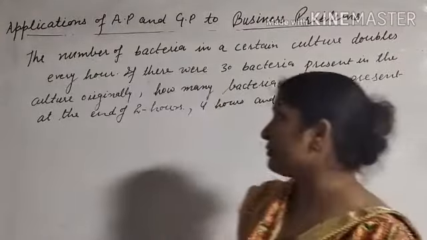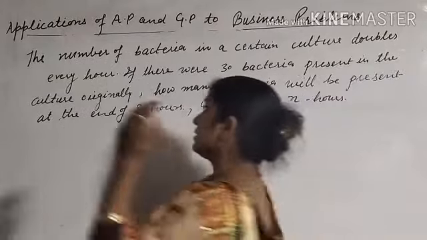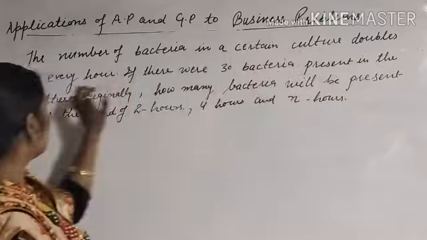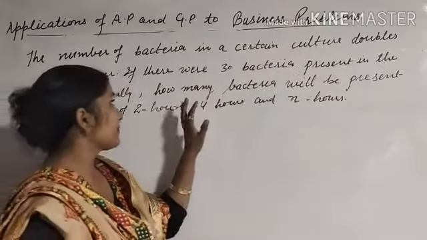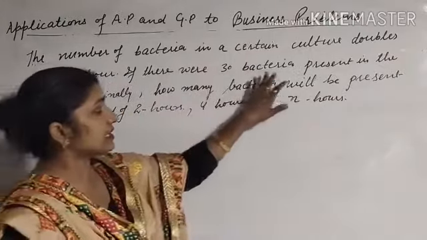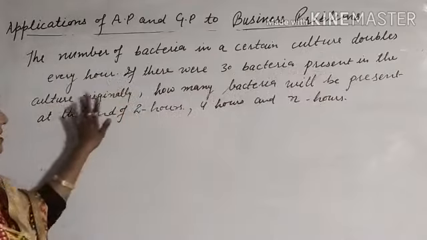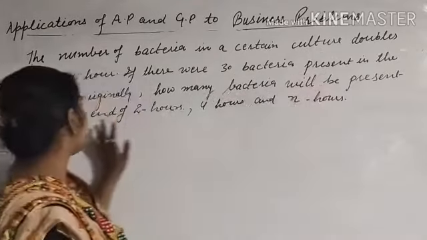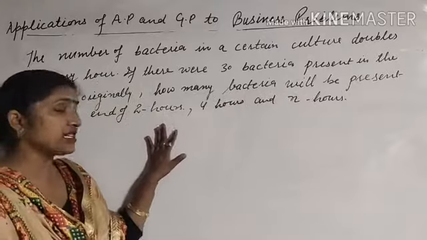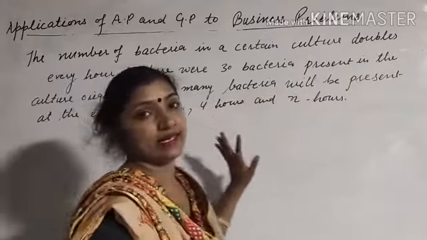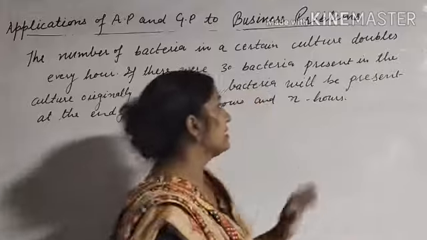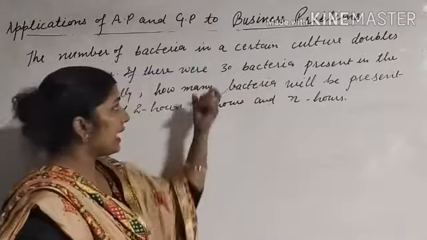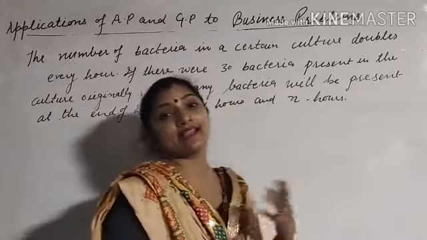Let's now discuss one more problem. The number of bacteria in a certain culture doubles every hour. If there were 30 bacteria present in the culture originally, then how many bacteria will be present at the end of 2 hours, 4 hours and n hours? See here, the initial number of bacteria was 30 and it doubles every hour.